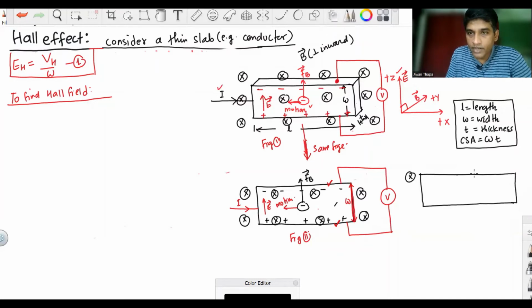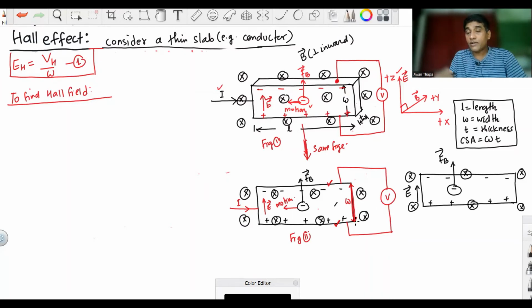We have magnetic field perpendicular inward, and we have an electron which is experiencing magnetic force upward. Now, as I said earlier, the electric field is directed upward.